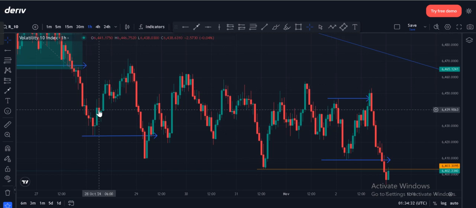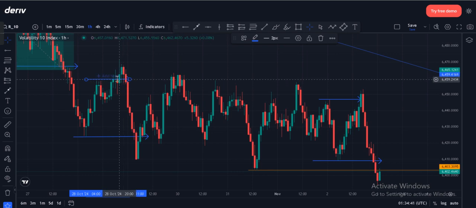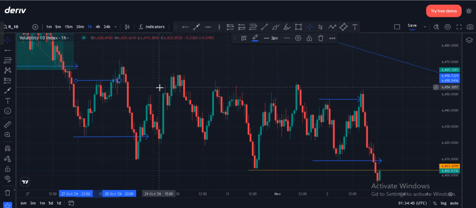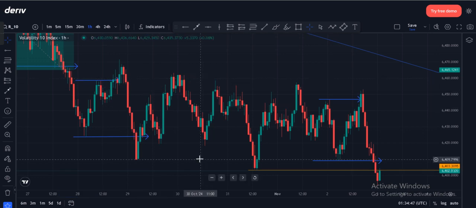Now, the first thing we got was liquidity being created here before market pushed to the downside. Now, using the strategy, we always would like to get a liquidity grab before the drop. Now, what does this help us to do?